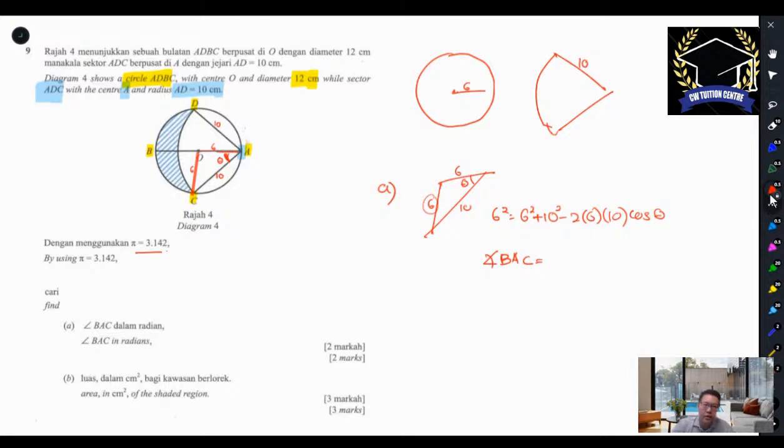So I get theta equals 0.5857 radian. So we have the theta.